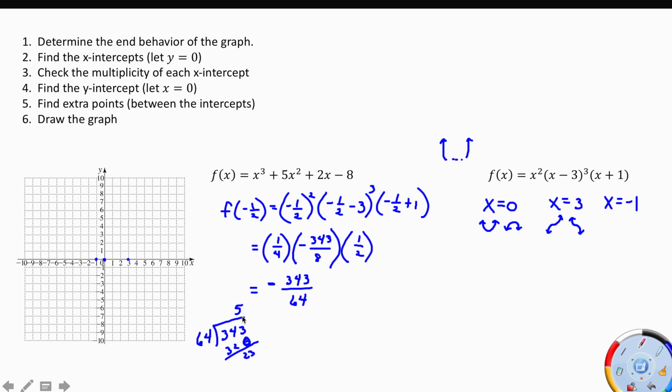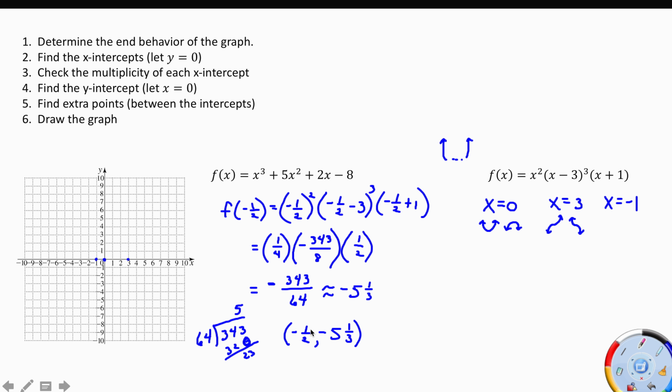Yeah, so it's a little more than 5. So a little more than 5, maybe minus 5 1/3. Okay, so that gives me the point negative 1/2, negative 5 1/3. Now, that seems odd to me that it's going that far down when they're this close together.